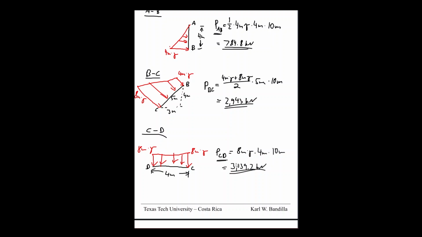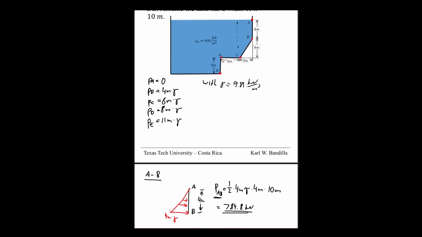All right, so that gives us CD, so we're left with DE. It's just a straight one down. So that would be DE. A straight wall down.